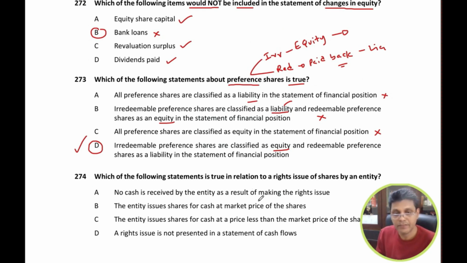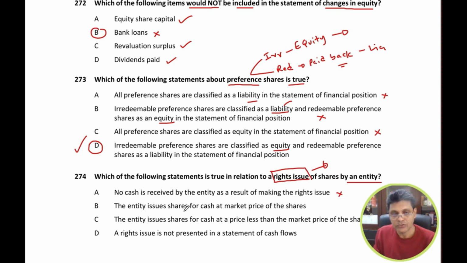Which of the following statements is true in relation to a rights issue of shares by an entity? So as I told you, with a rights issue, there will be a cash inflow and it is issued at a discounted price compared to the market price. No cash is received by the entity as a result of making the rights issue. Not correct.